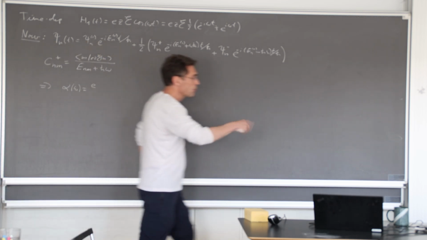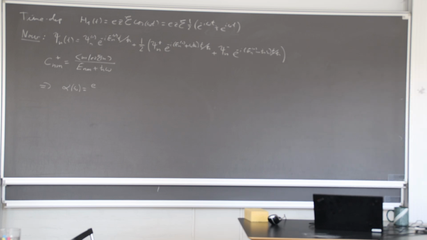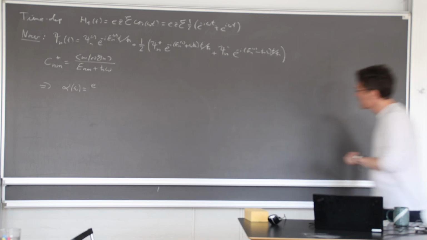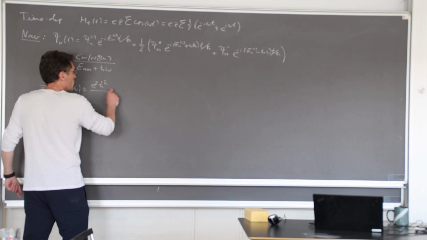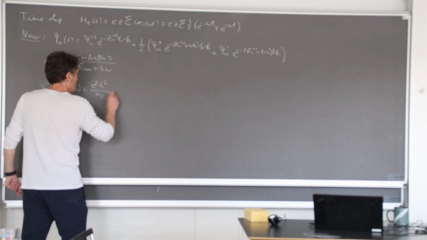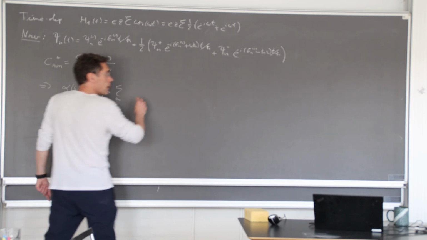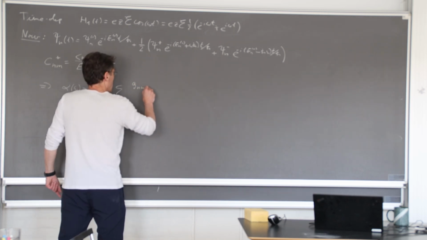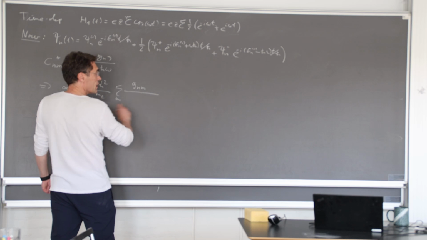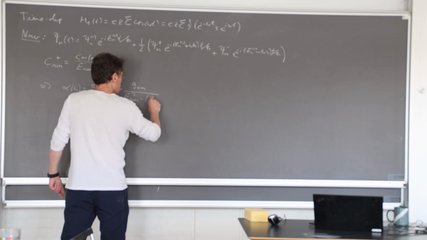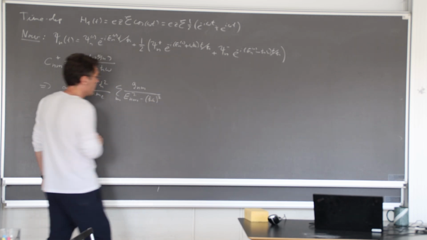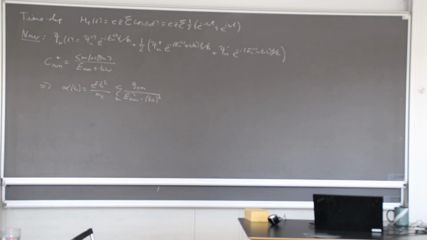So I messed up this factor 2 before, but I actually did include it here, right? Because then I canceled that 2 there to get there. So that part is okay. So I think I will get e squared h bar squared over m e, sum over m, g n m, and then simply divided by E n m squared minus h bar omega squared. That is going to be the free.